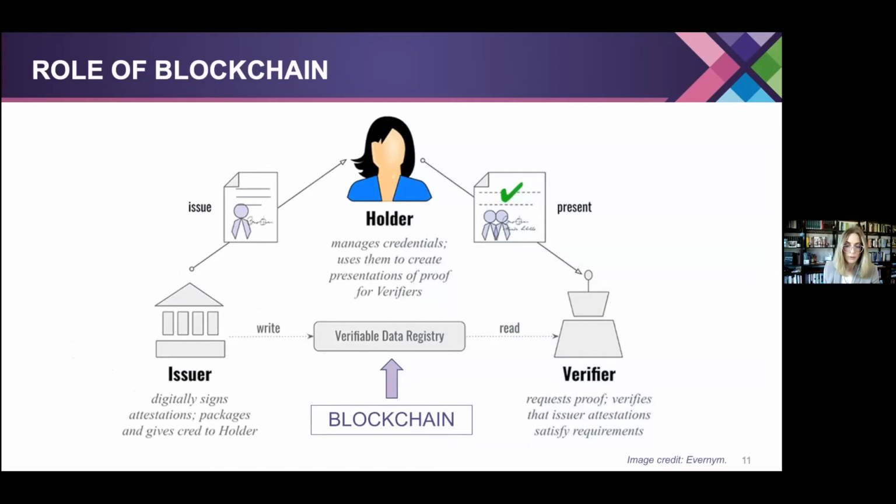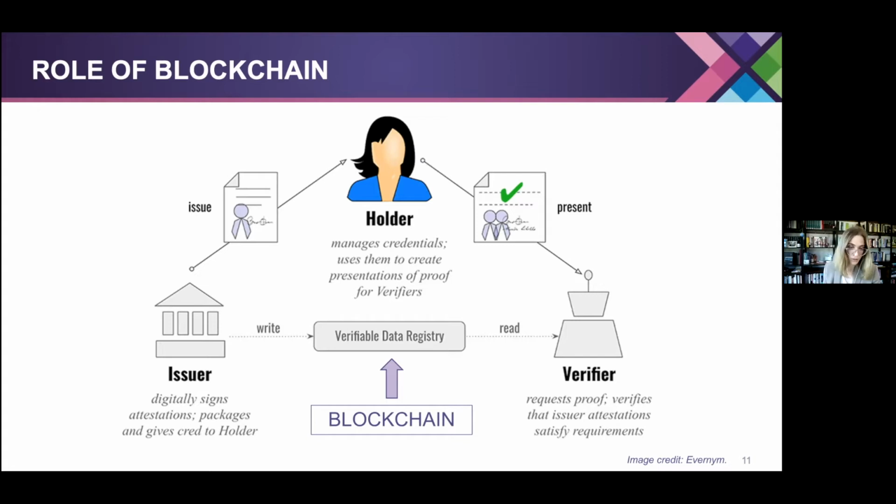So in the verifiable credential standard, the blockchain functions as the verifiable data registry. It's important to note that verifiable credentials don't have to use a blockchain, don't have to be anchored to a blockchain. However, a blockchain does represent a highly secure, tamper-proof data structure that works very well for validating credentials.